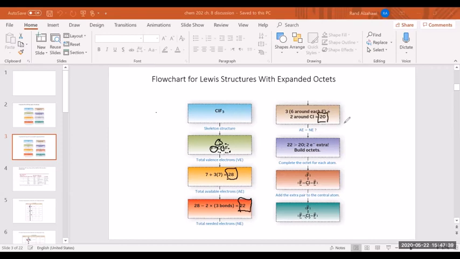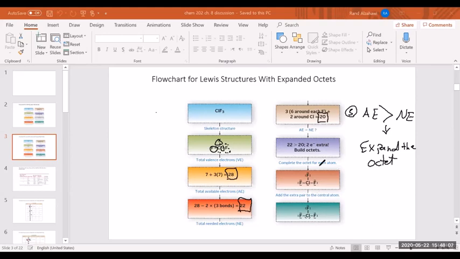Now, the third situation is when the available electrons are larger than the needed electrons, so expand the octet rule. That means the central atom could have 2 more electrons, meaning 10 around it, or maybe 4 more electrons, 12.